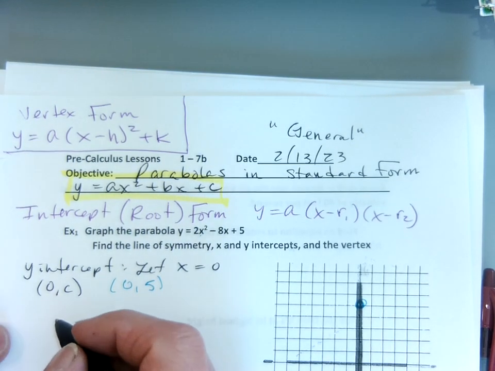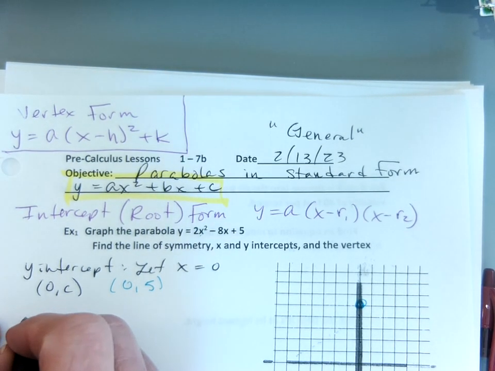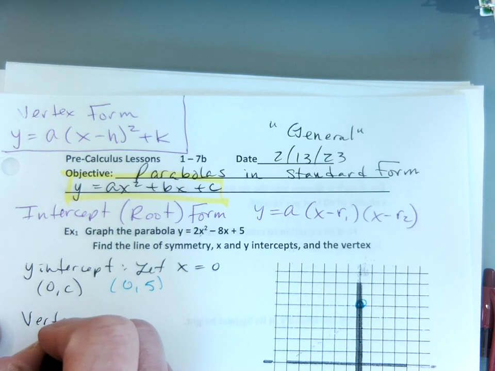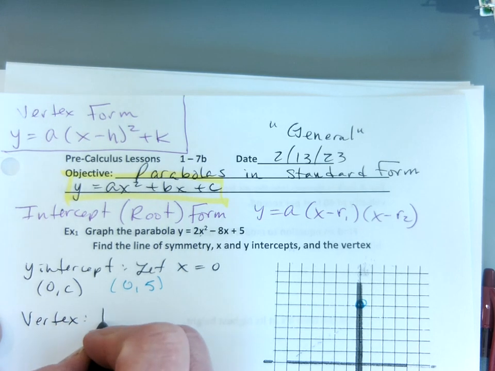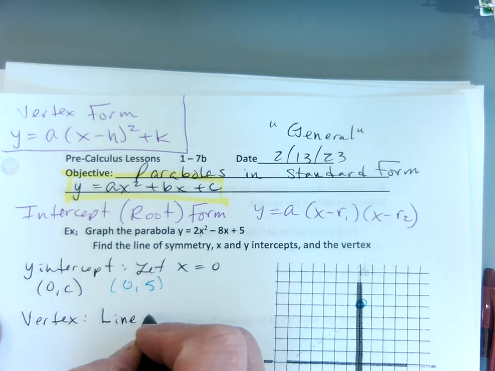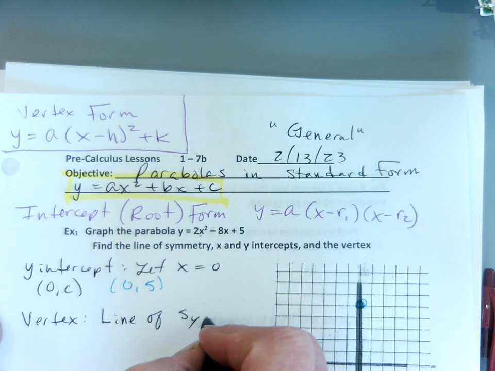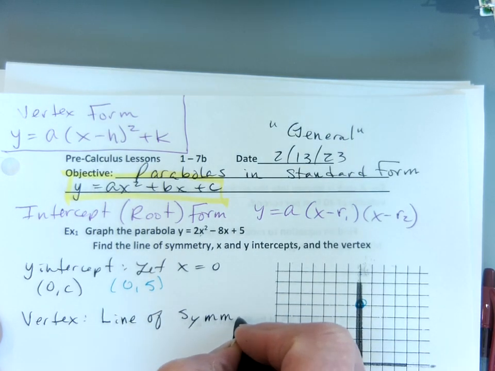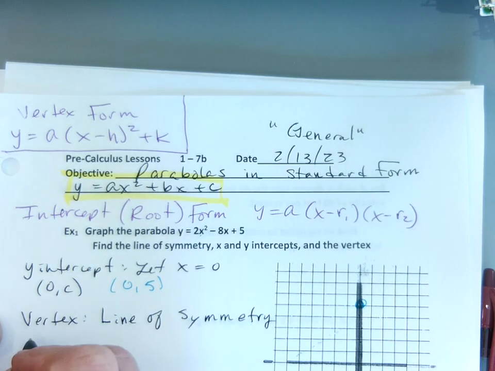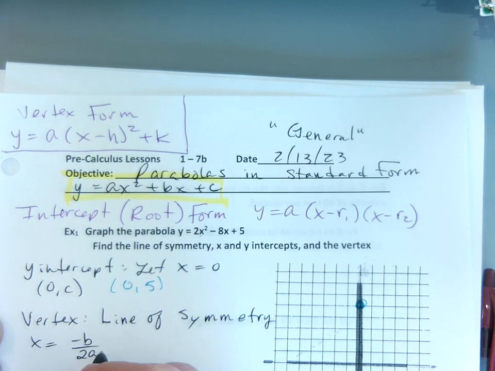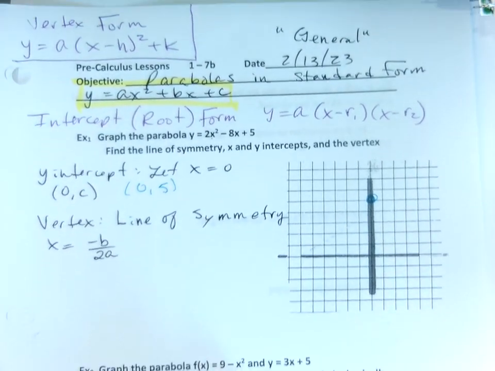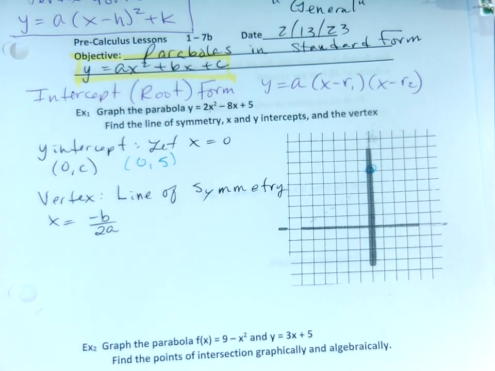The second thing that we should find, that isn't too difficult, is the vertex. To find the vertex, let's find the line of symmetry first. For some reason, everybody tends to forget that easy formula, negative b over 2a. You remembered it, didn't you, Julian? Negative b over 2a when it's in standard form.